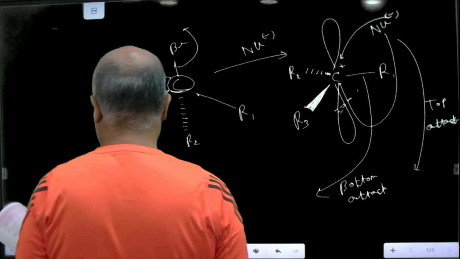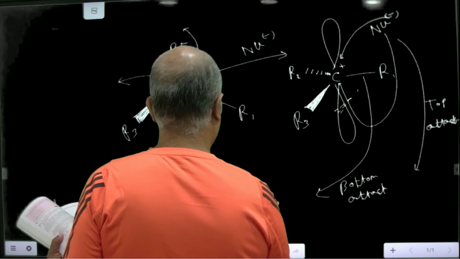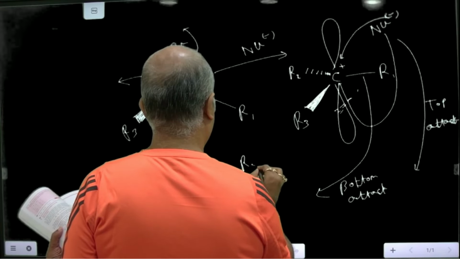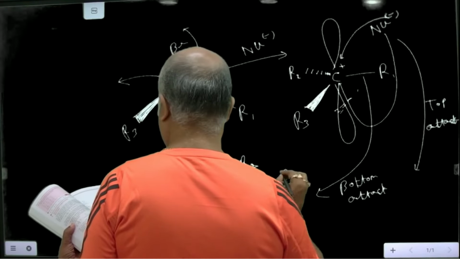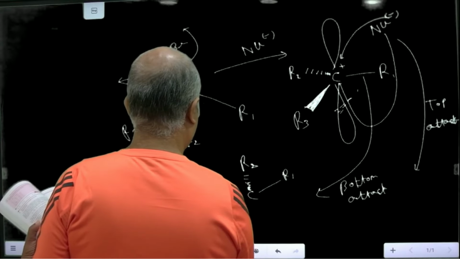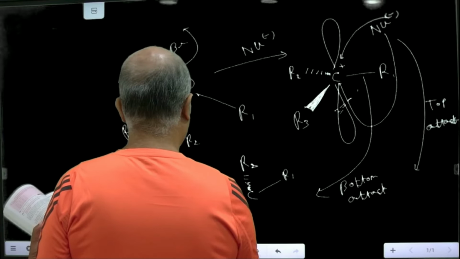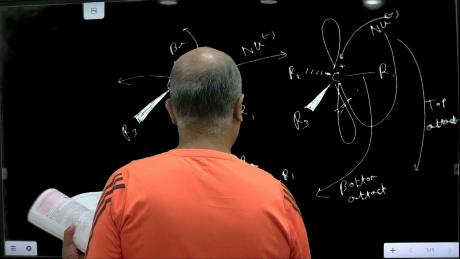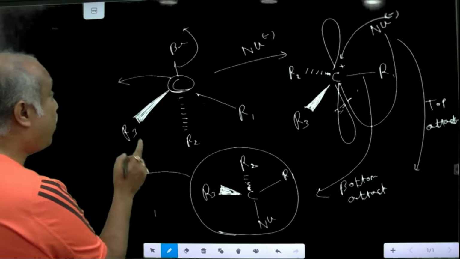When the bottom attack occurs, it will produce R2, R1, R3 and Nu, the ultimate product, and that is the inversion of configuration.